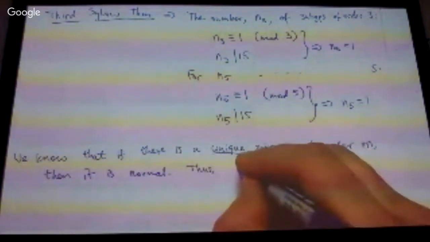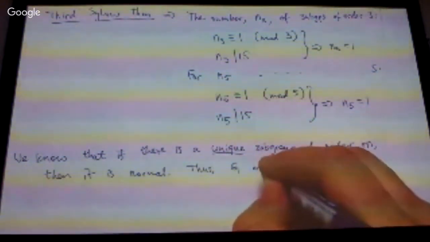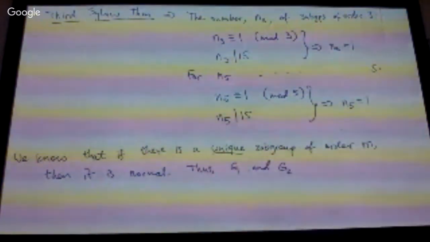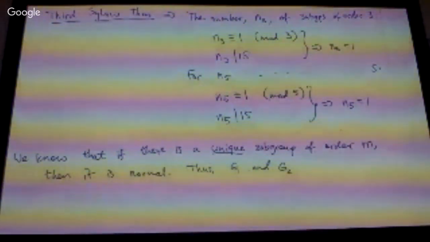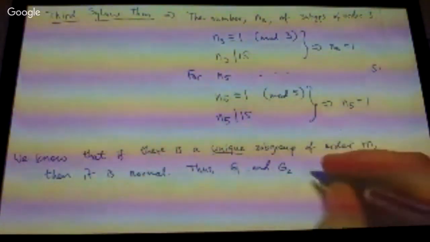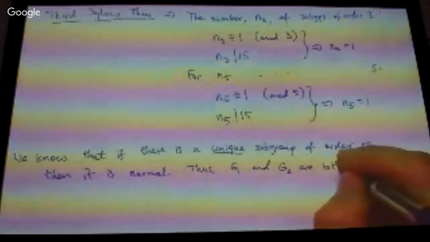Thus, G1 and G2, those are the subgroups that have names and are both normal.